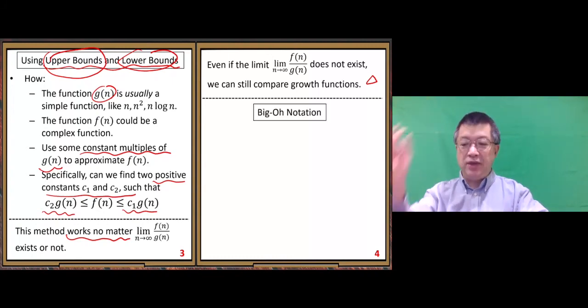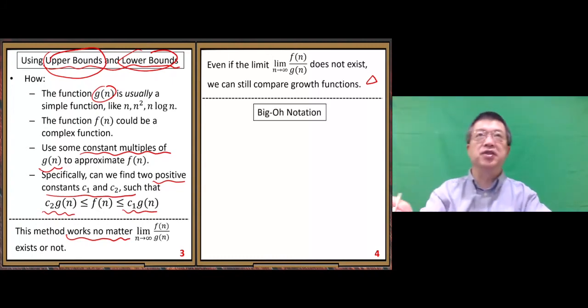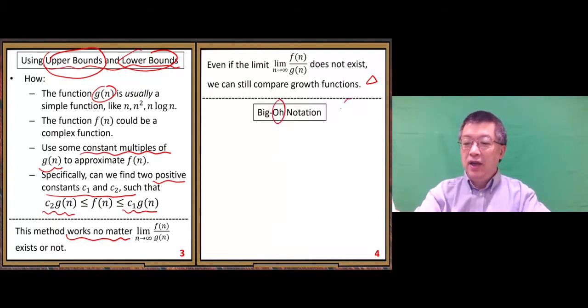Let me describe the big O notation. So what's the meaning of f of n belongs to big O of g of n?